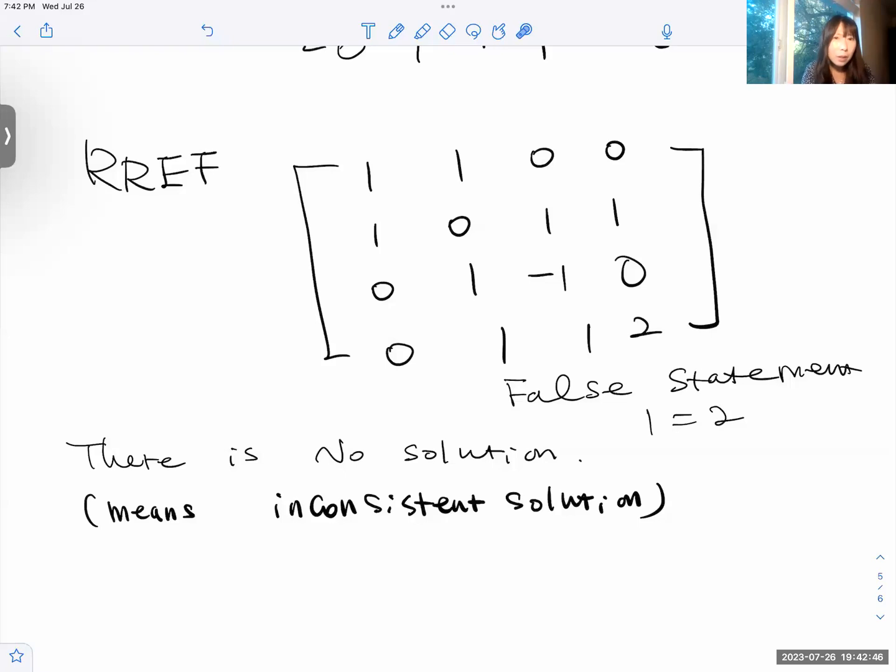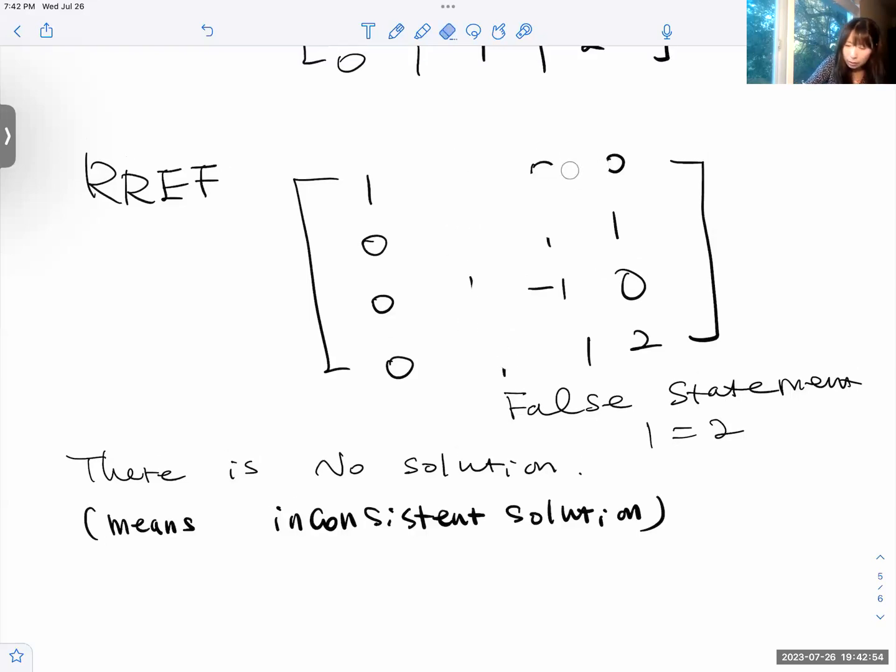So we have 1, 0, 0, 0, and we have 0, 1. So that's not the one.